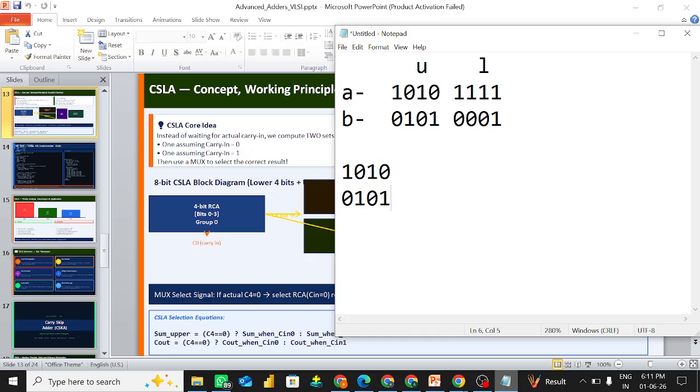So if you are going to get carry as one, calculate the answer. Okay, one comes here. One plus one, zero, right?